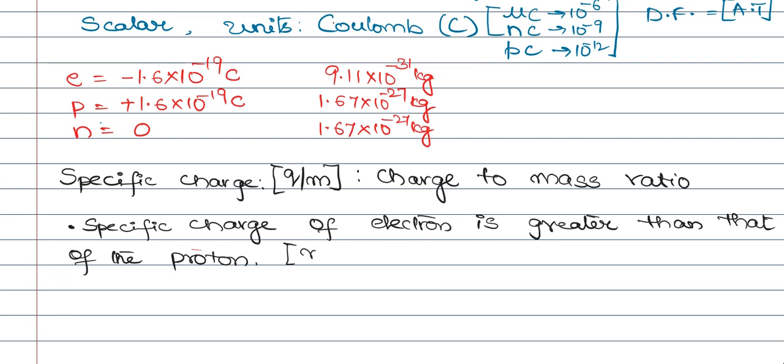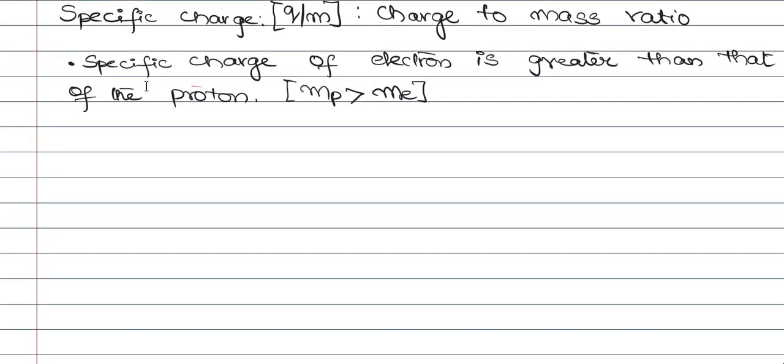Because mass of proton is greater than mass of electron. So specific charge of electron will be greater than that of proton. You can expect this kind of question.